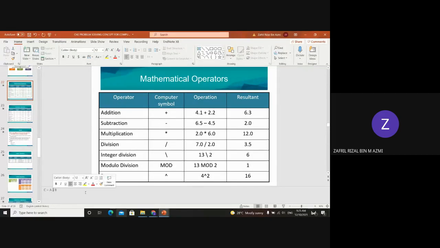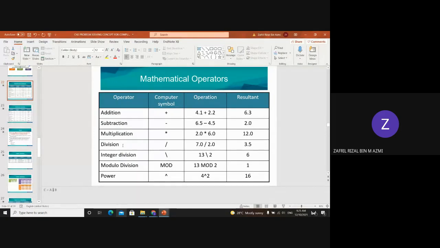So you get an error when you compile or run your program, because it doesn't recognize X as a multiplication operator. So that is wrong. You must use star for multiplication.